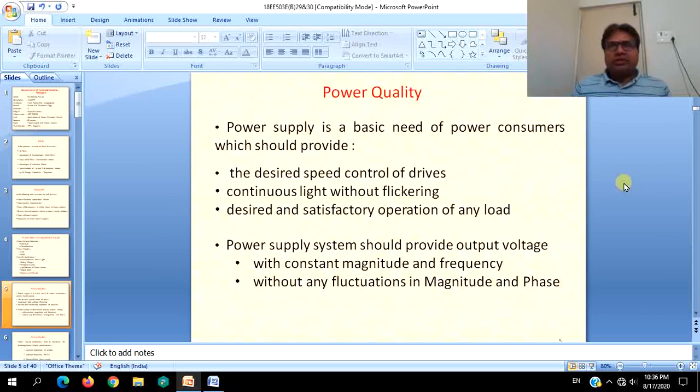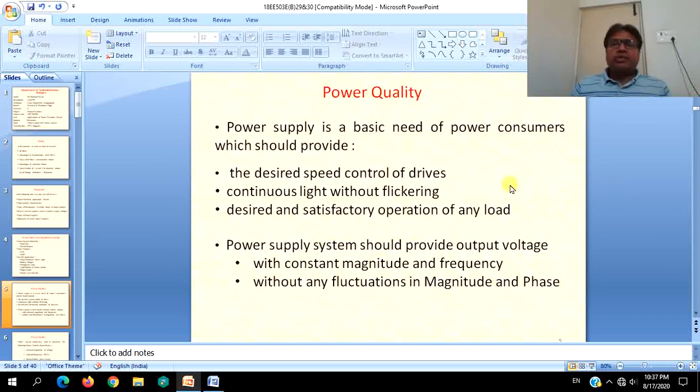Apart from these things, being a consumer, what we expect first is continuous power supply without any interruption and without any fluctuations. If there are fluctuations in the voltage and frequency, obviously the load performance will get affected. Speed control, when it comes to using appliances or industrial motors, drives, power electronic drives, cannot be achieved properly.